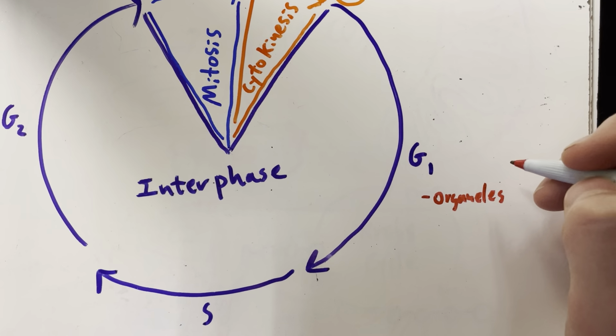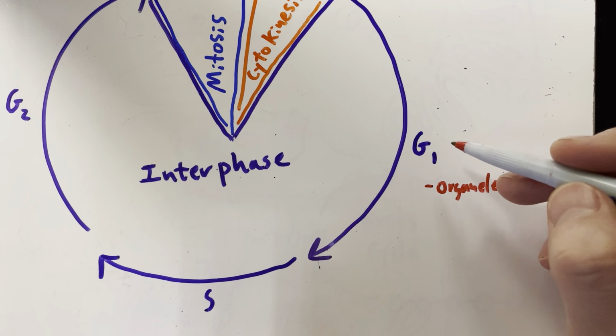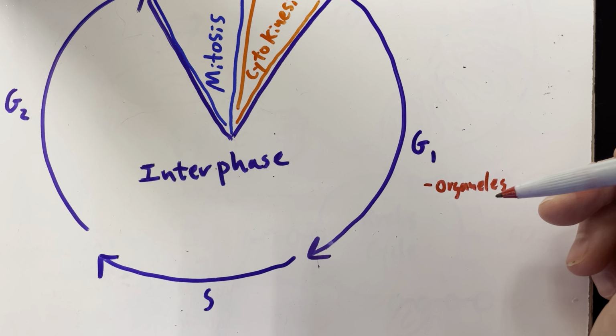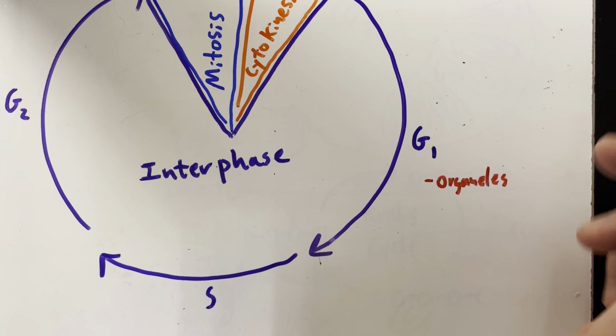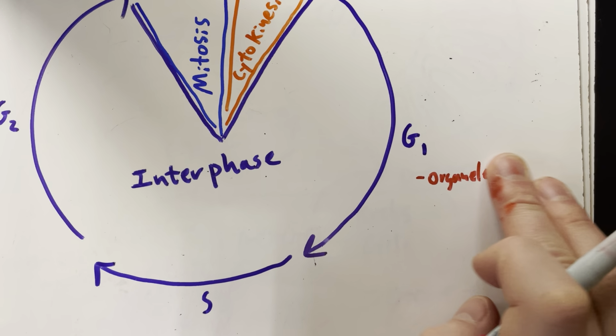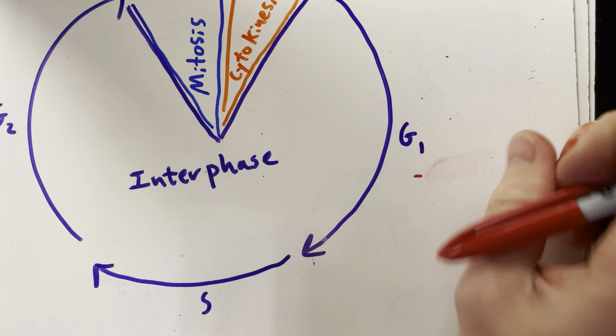The book doesn't say. What does the book say? I'm trying to remember when the organelles double. Sweet, thank you. Yeah, okay, well, we won't worry about it. We'll just note that G1 is a phase of growth.